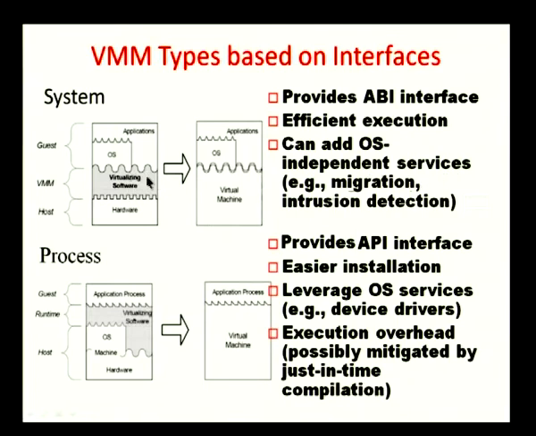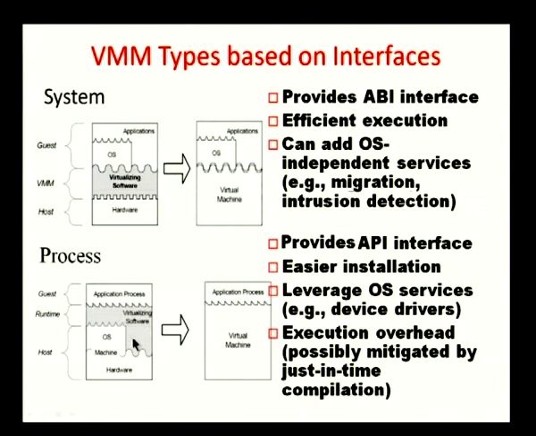So, we have the virtualizing software. Once it is added, it is possible to extend the services of the OS also for the purpose of migration and intrusion detection. So, you have this ABI interface, which is separating the virtual machine from the OS and applications. As we have seen, you have the hardware, OS and applications. So, the virtual machine is considered to be the hardware, OS and applications. This is known as the ABI separation.